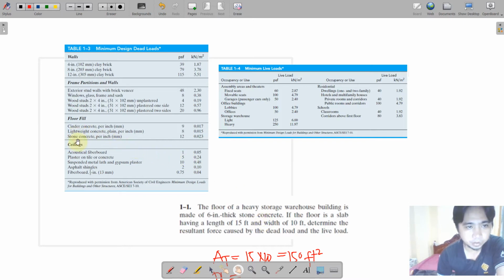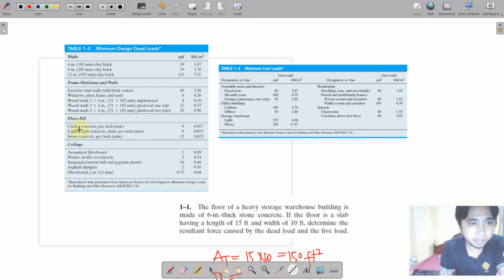We have here stone concrete per inch or per millimeter, because our unit here is in terms of pressure, PSF in English, and kilonewton per square meter in SI.